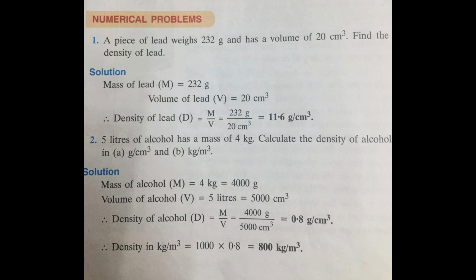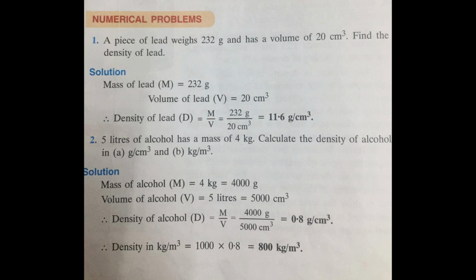Next: 5 liters of alcohol has a mass of 4 kilogram. Calculate the density of alcohol, first in gram per cubic centimeter and second in kilogram per cubic meter. Let us solve it now. The mass of the alcohol is given, how much? 4 kilograms.